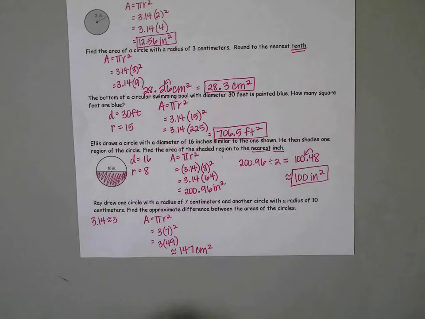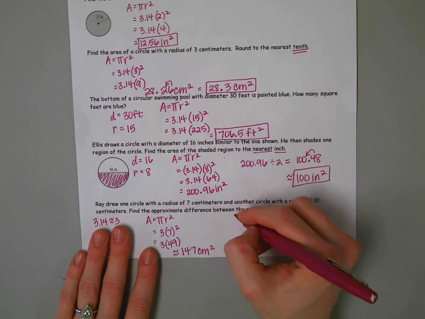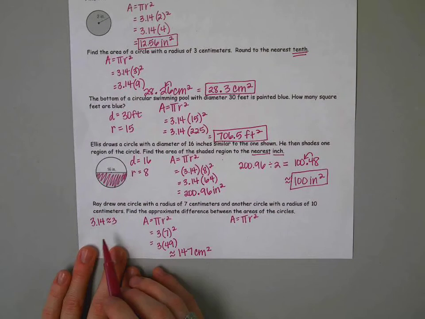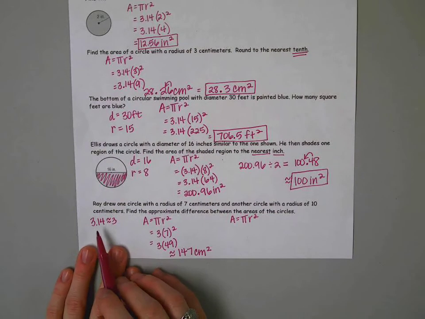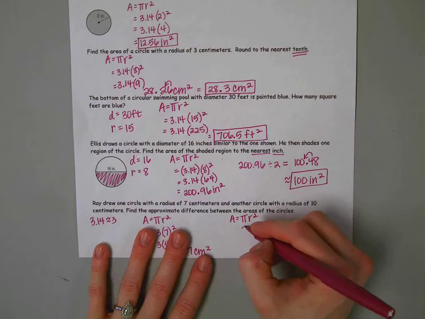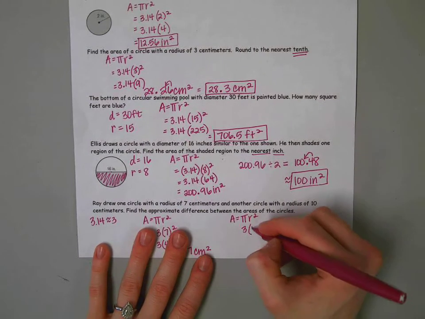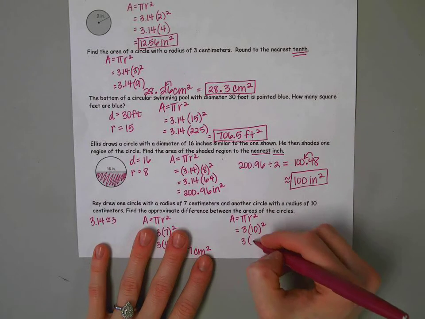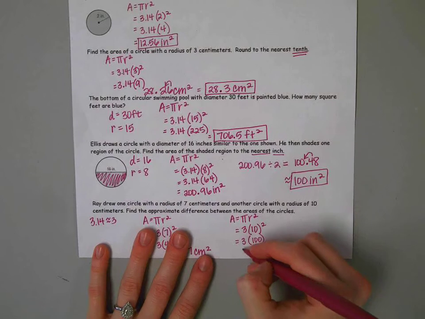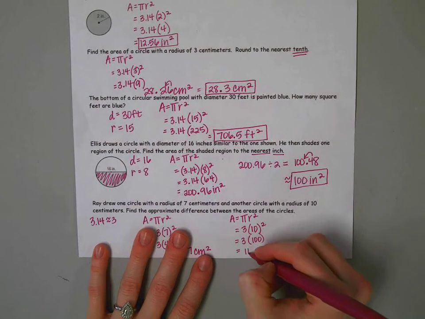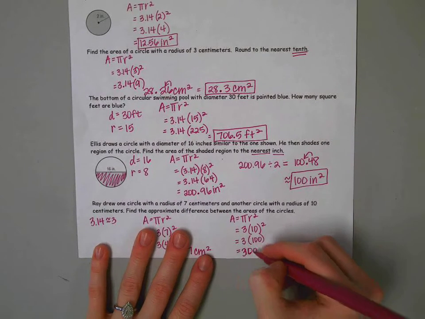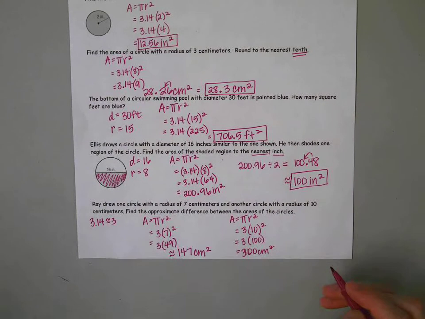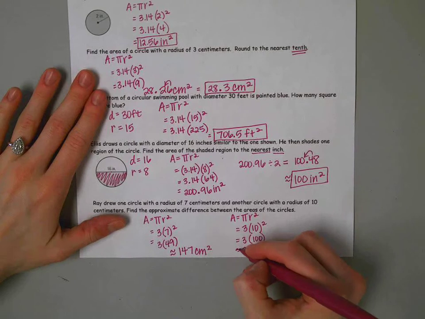Then when we look at the second one, the area equals pi r squared, but because we're approximating, we are using 3 for pi, so we would say 3 times 10 squared. I know that 10 squared is 100, so 3 times 100 is 300. So 300 centimeters squared, and that's approximate.